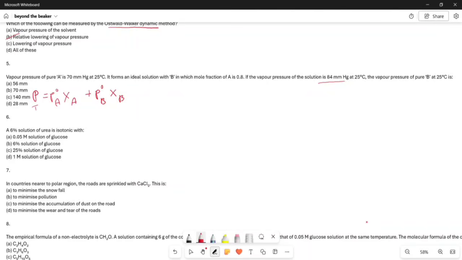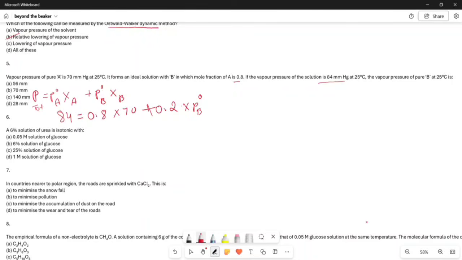So 84 is equal to 0.8 into 70 plus 0.2 into PB naught.